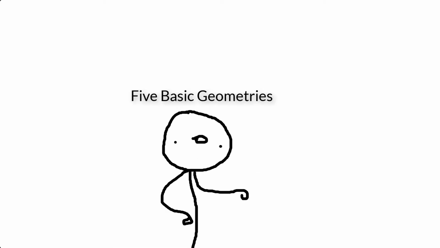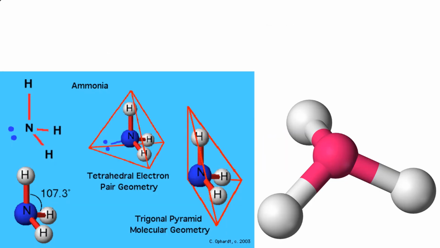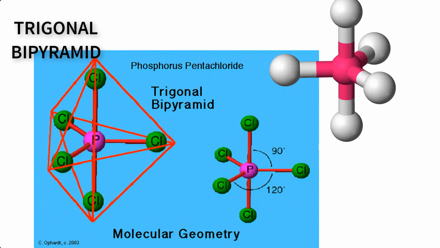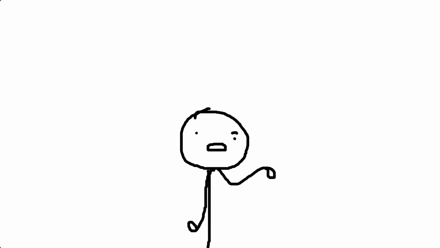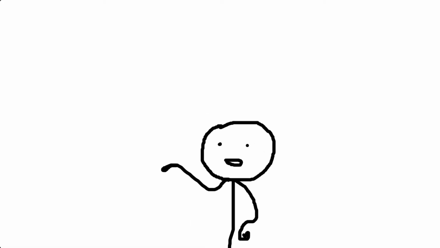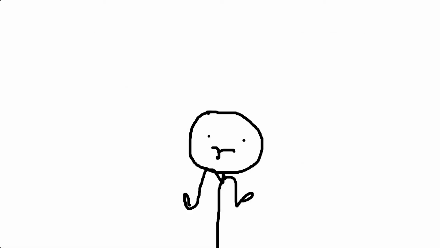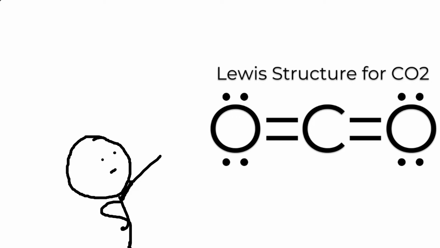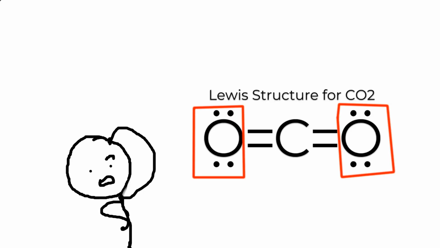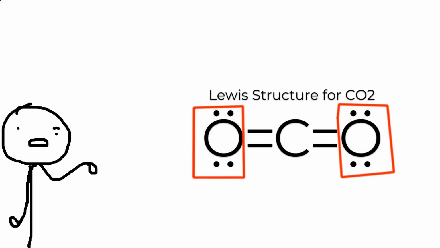Before continuing on, I'm going to inform you that I'll be discussing the 5 basic geometries, which in this case are the linear, trigonal planar, tetrahedral, trigonal bipyramid, octahedral, and also molecular geometries with lone pairs. So let's take CO2 for example. A carbon atom has 2 electron domains of electron density extending from it. In order to participate in these bonds, the carbon takes an s orbital and a p orbital and hybridizes them, forming an sp hybridized molecular orbital.